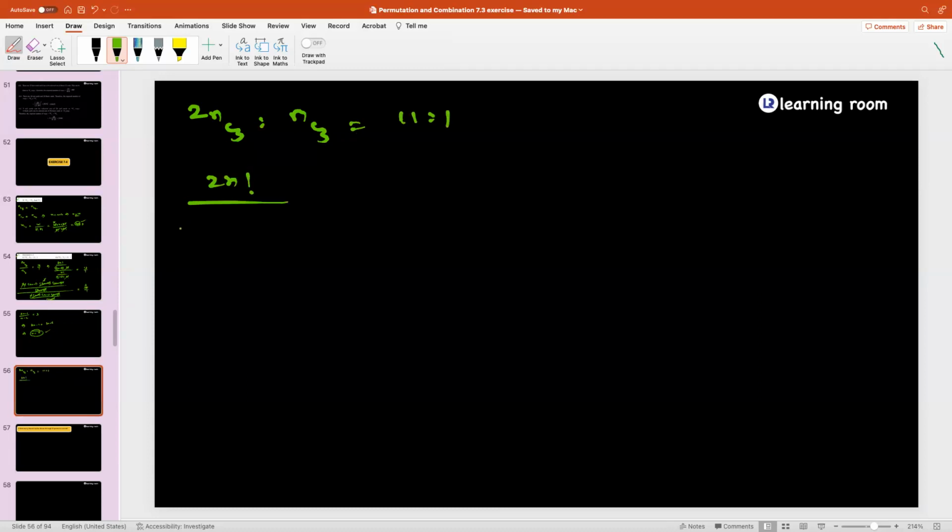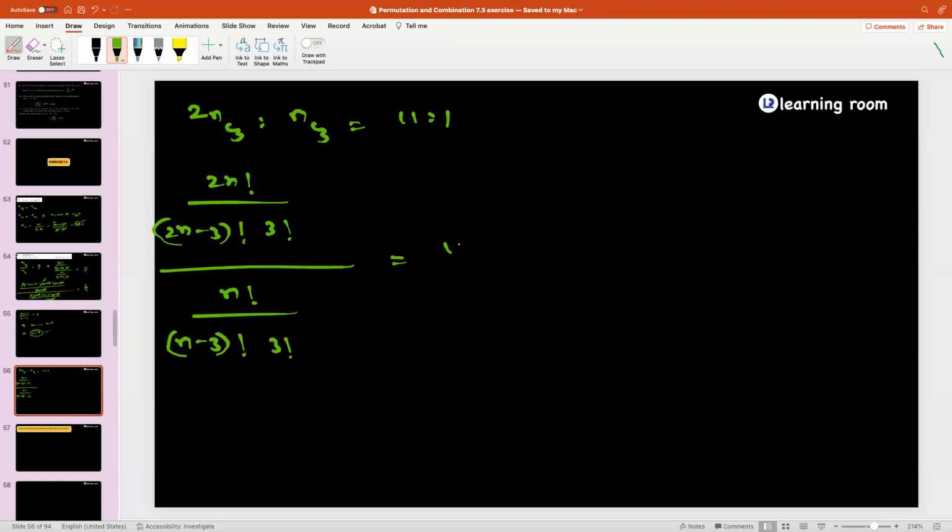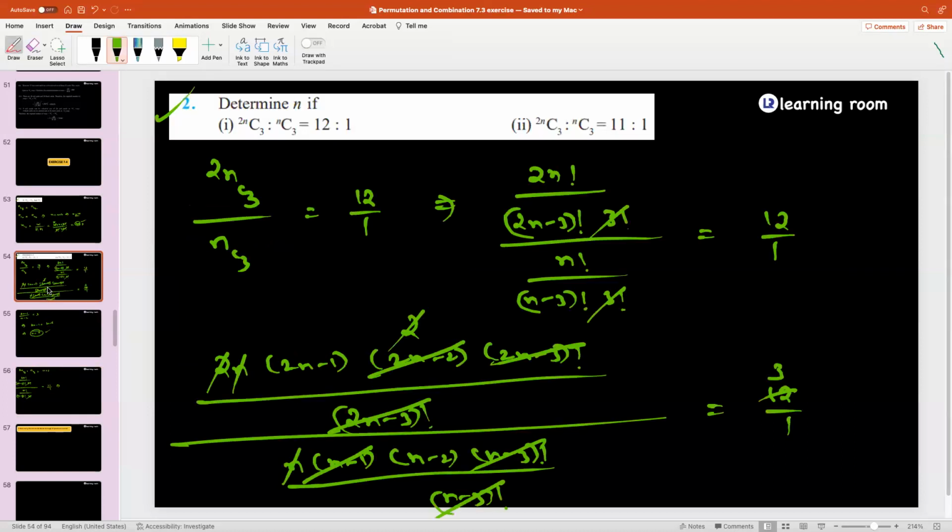So 2n factorial divided by 2n minus 3 factorial into 3 factorial, the whole divided by n factorial by n minus 3 factorial into 3 factorial, is equal to 11 by 1. 3 factorial and 3 factorial are gone. So again the same logic, no? So whatever happened here will come out.